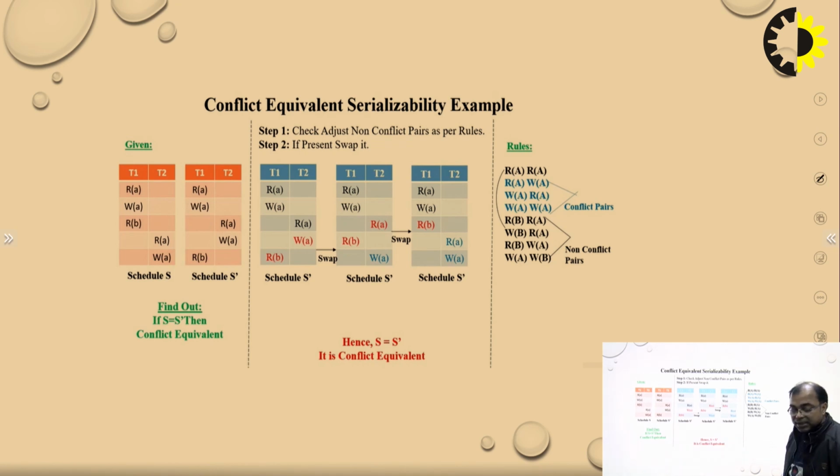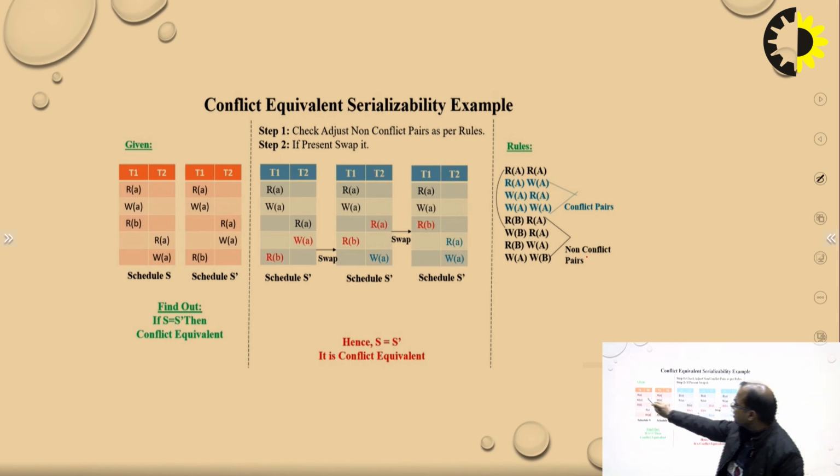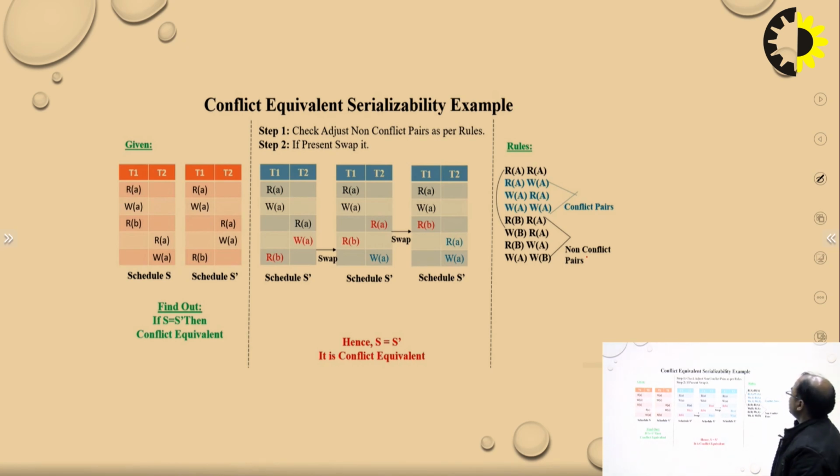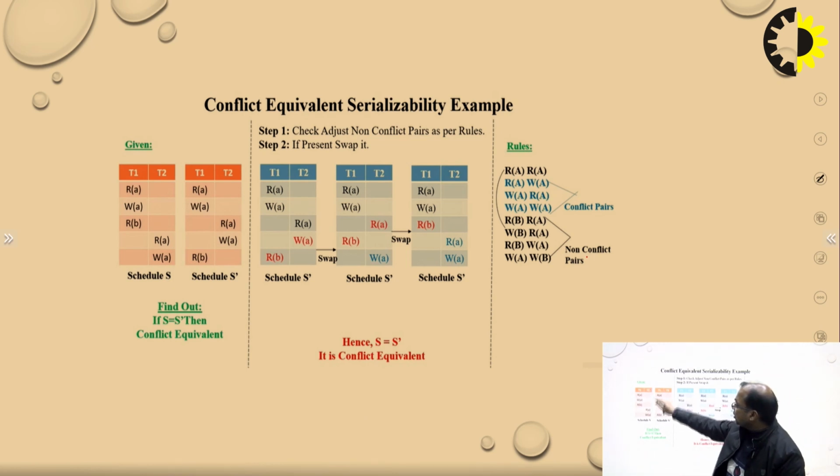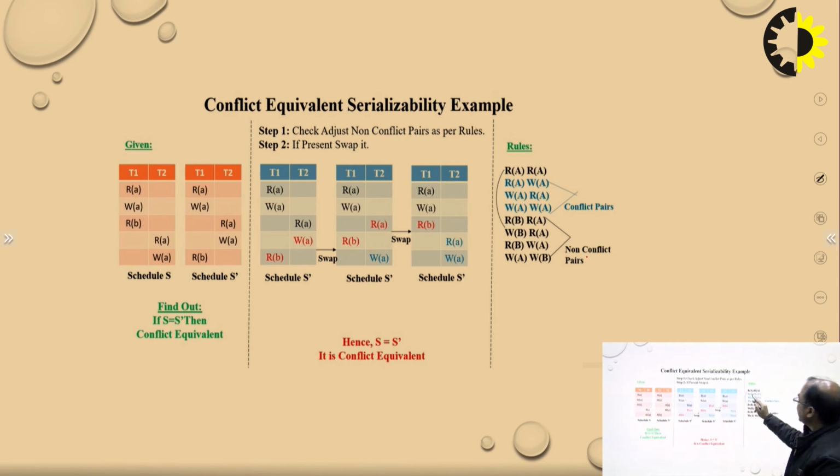The conflicting pairs here: we have a reading of A and a reading of A, one in each transaction. Reading and reading is not a conflict pair. Second, we have a reading of A and a writing of A. This is a conflict pair.